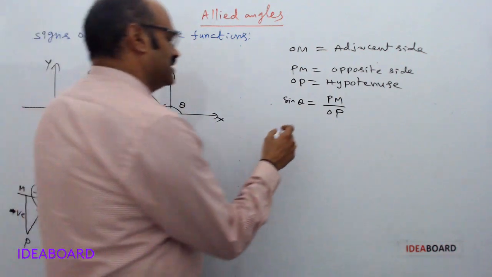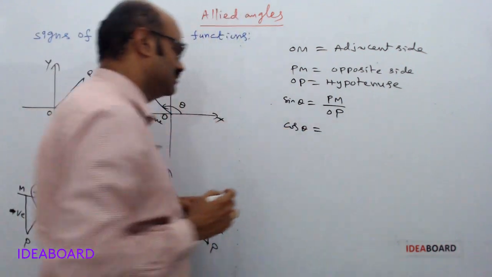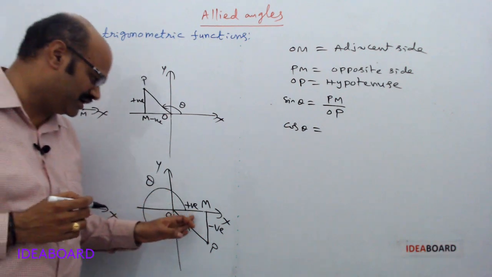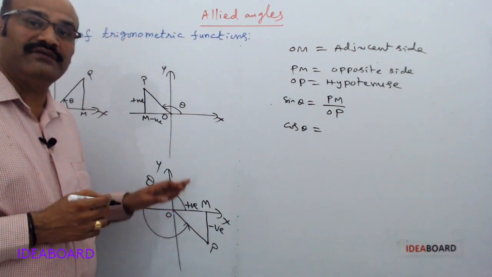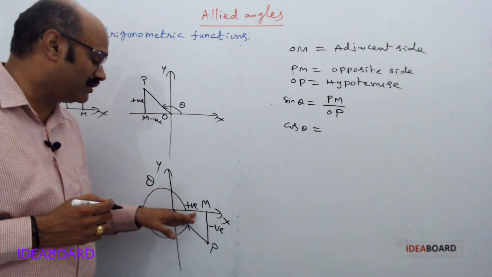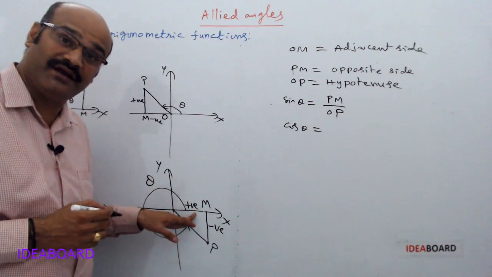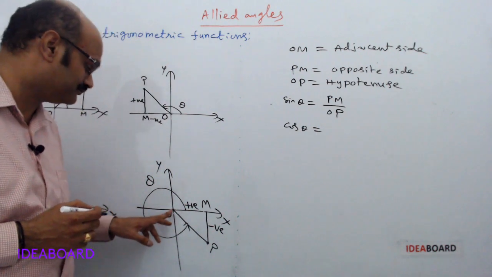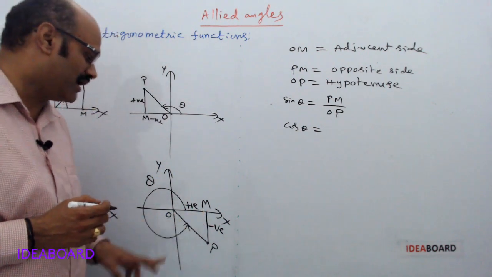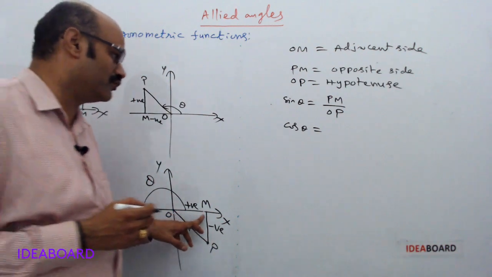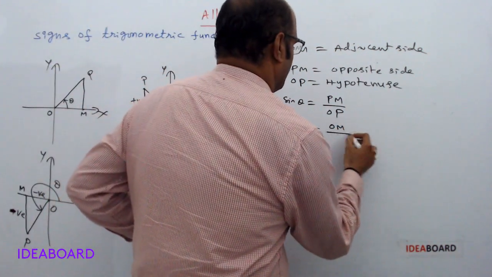Now cos theta: in any diagram you can find cos theta. The line along the x-axis is called the adjacent side or base. So here we take cos theta equals base by hypotenuse. Base equals OM, so OM by OP.